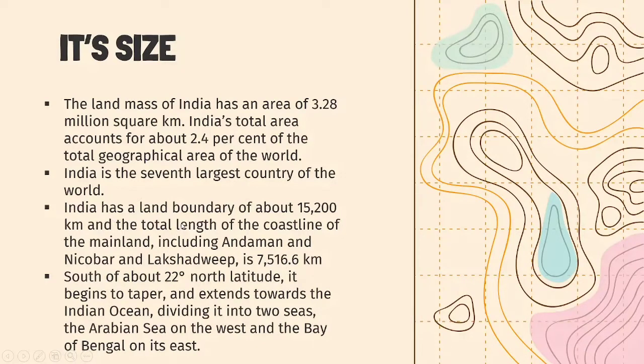So when we look at the land boundary of India, it covers 15,200 kilometers. That is the total length of the mainland, which includes all the islands that we saw in the previous slide. Also, it has 2 seas, namely Arabian Sea on the west and Bay of Bengal on the eastern side.